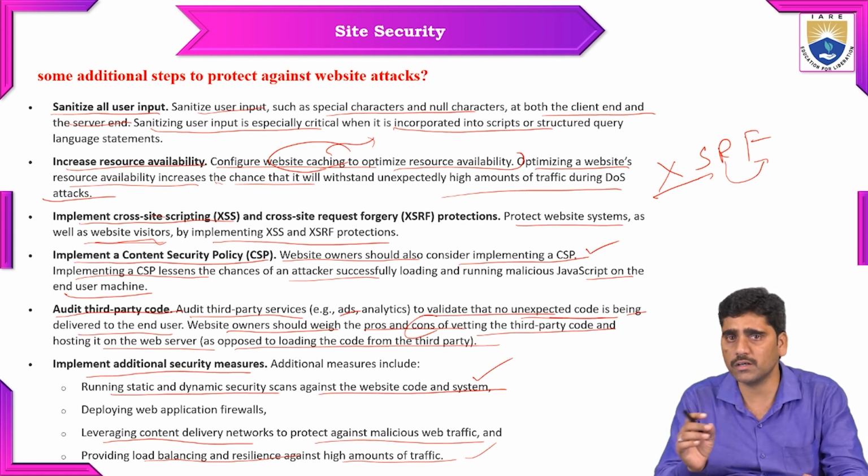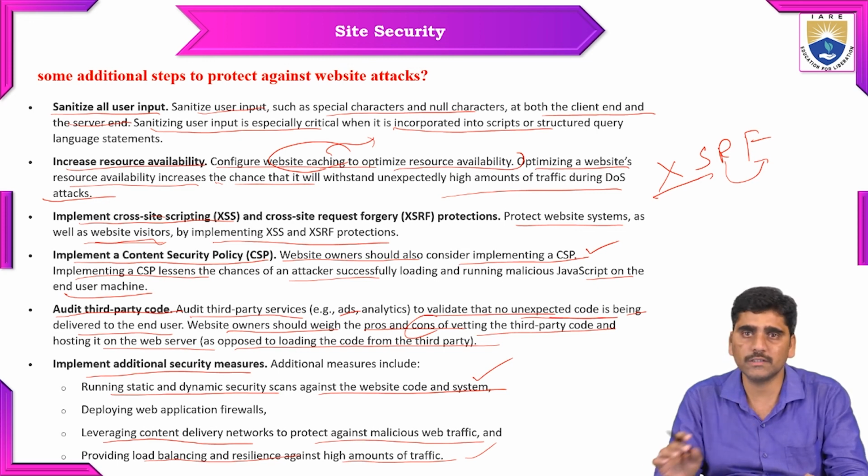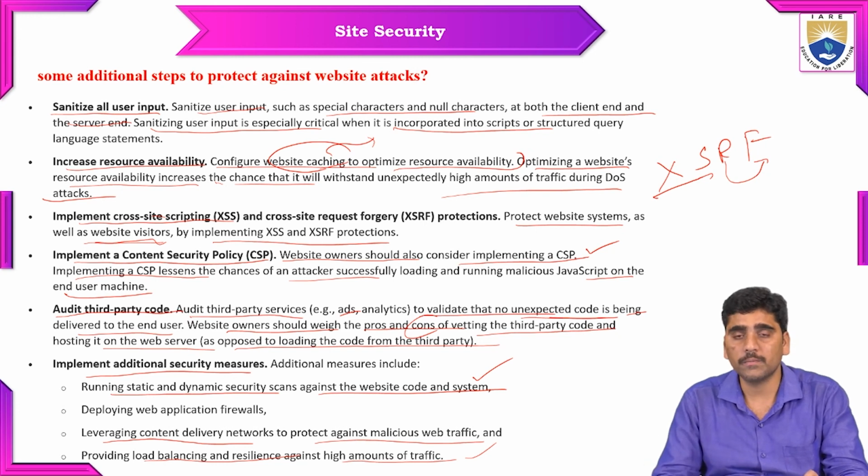Website owners take care of this and implement this policy. Then audit third-party code. Third-party code is used for website development, so we audit it in case unexpected code has been included in the website. We have to audit the third-party code and implement some additional security mechanisms also.